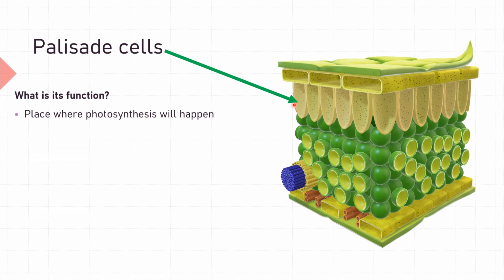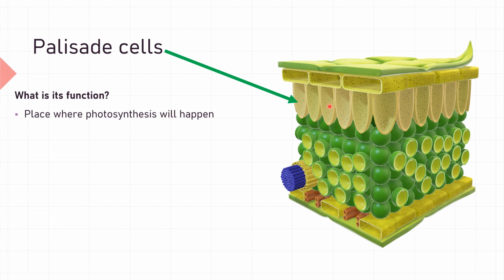So the main function of these palisade cells is that this is the place where photosynthesis happens. They have a lot of chloroplast because chloroplast is the cell organelle which has chlorophyll inside, a green pigment which will attract the sunlight, which helps to perform photosynthesis.